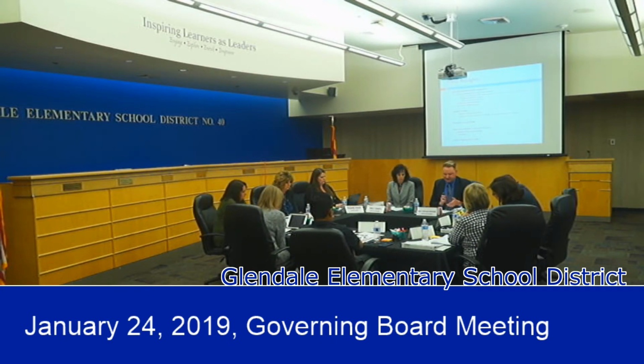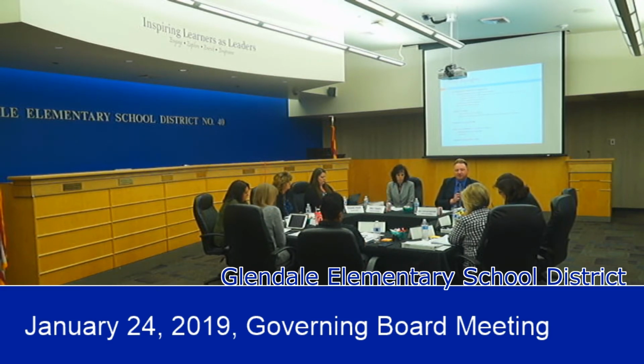So there are 5 different innovations, I'll call them, on a sheet of paper. The first innovation is the dual language immersion schools. Those are the ones that we already have in place, and we would continue those two programs at Jack and Horizon and increase it, go up a grade. So the kindergartners would progress to first grade.